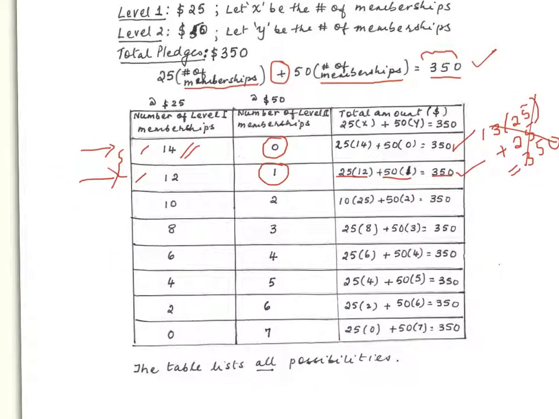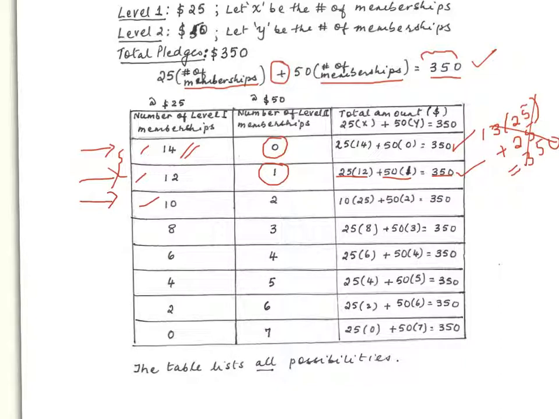So the next row gives us the next possibility. Notice that we cannot have 11, and I've just explained the reason why. We cannot have 11 level 1 memberships. So the next possibility can only be 10 level 1 memberships.